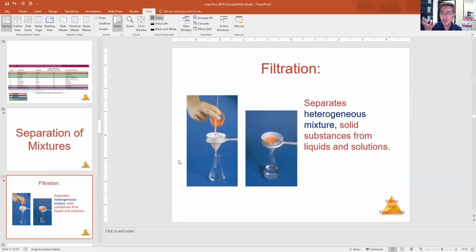Once you have a mixture with solid particles in water, filtration separates the solid particles from the pure liquid part. So it's filtration, you just filter, you just strain it.